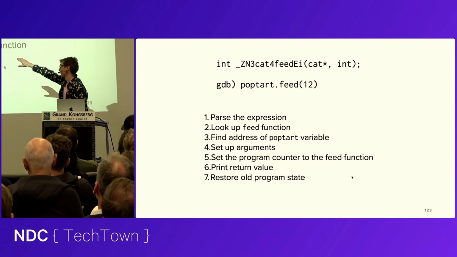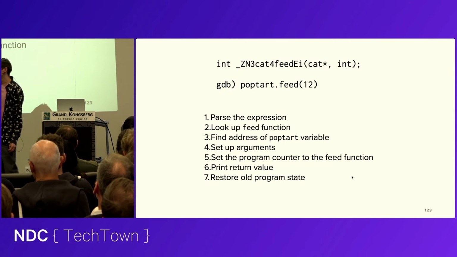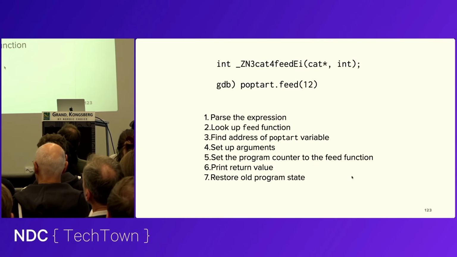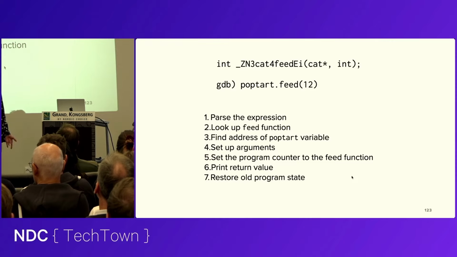So let's look at that. Set up arguments and print return value. I mentioned the System V application binary interface. That is going to tell us how to set up our registers and our stack to call this function.